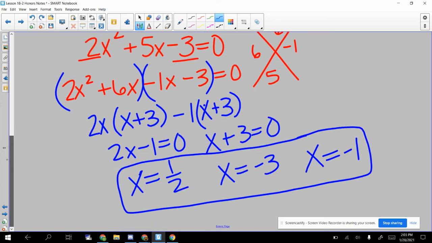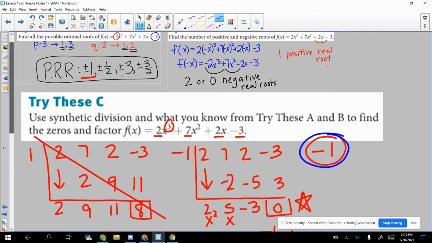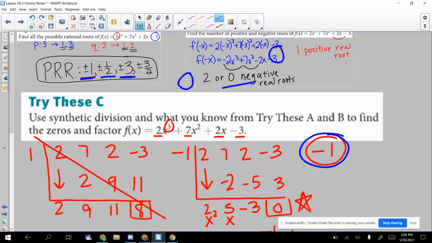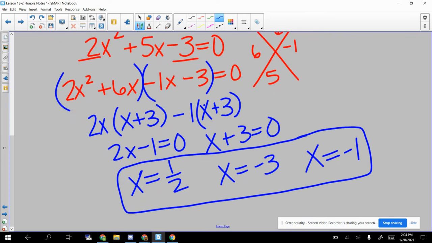Okay, so keep in mind that all of those were part of our possible rational roots, -3, -1, and +1/2. So that helped us. And if we look back here, 2 of them are negative and 1 is positive. So all of those things kind of work together to give us our 3 real roots.